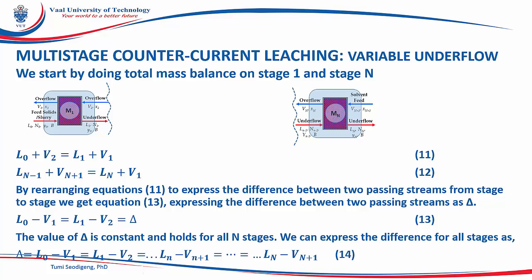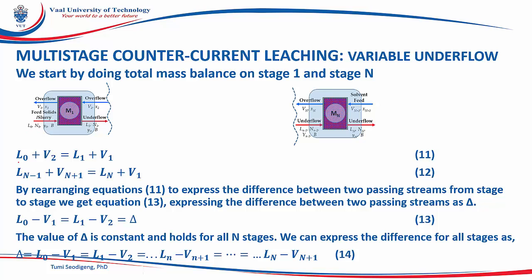In order to do a variable underflow calculation, we first need to derive the equation for the operating point delta. We start by doing total mass balance on stage 1 and on stage n as shown in these figures here. Looking at stage 1, we will do the balance over the input, equating them to the output.